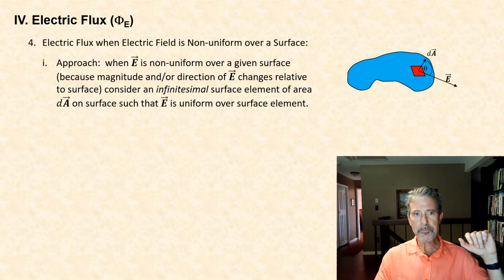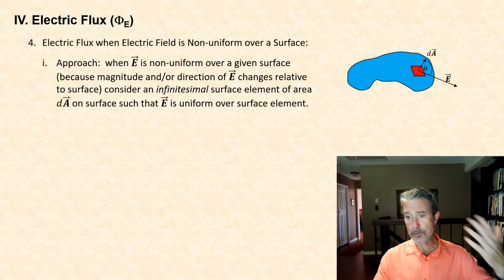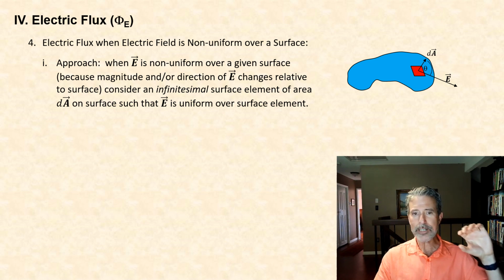So what do we do when the electric field is not uniform over a given surface, either because the magnitude and or direction of the electric field changes? We consider an infinitesimal surface element, a piece of that surface so small that we can consider the electric field to be uniform over that infinitesimally small surface element.